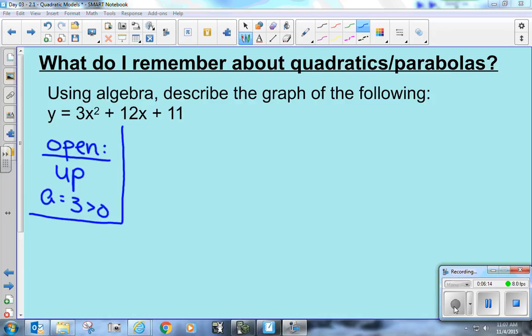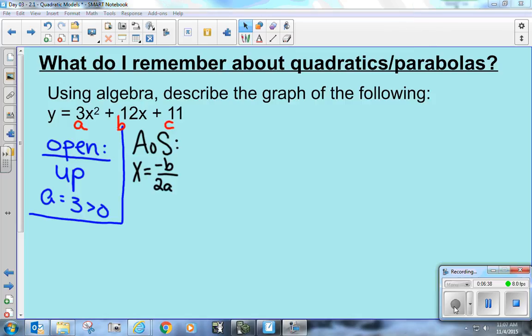Now let's figure out the axis of symmetry. We said it was x equals negative b over 2a. Our a is 3, our b is 12, and our c is 11.